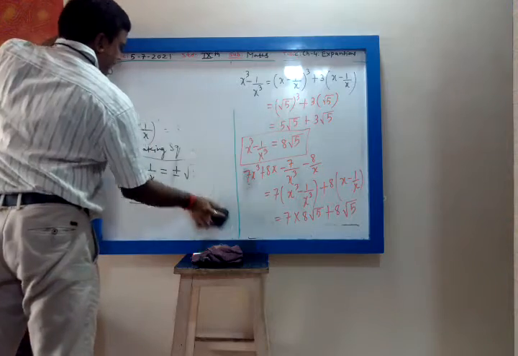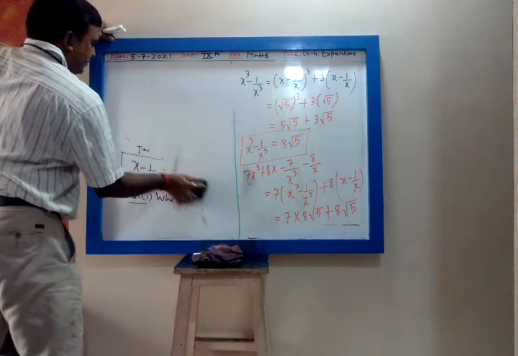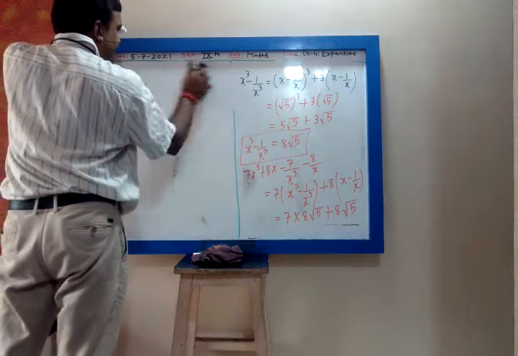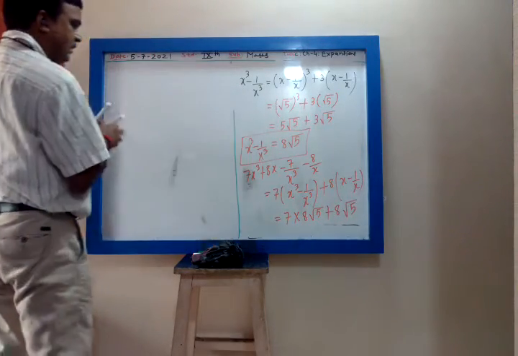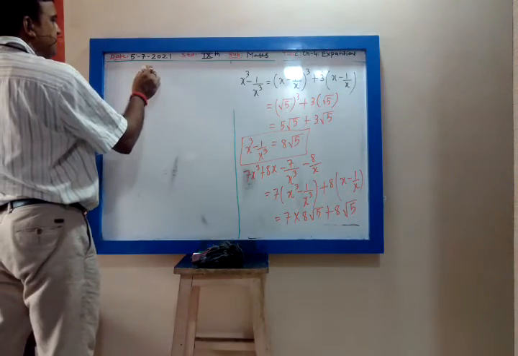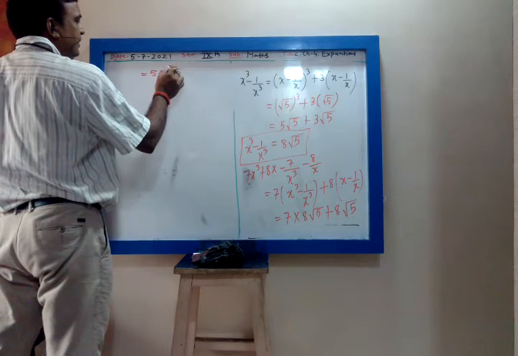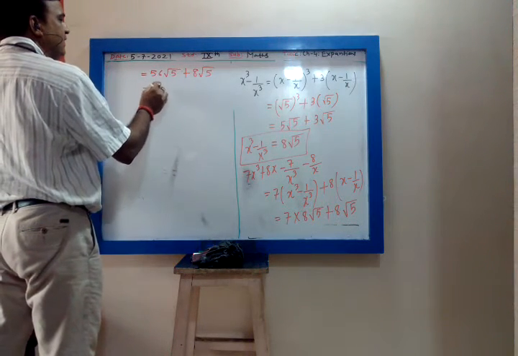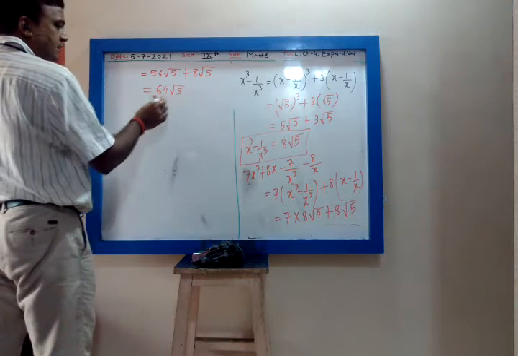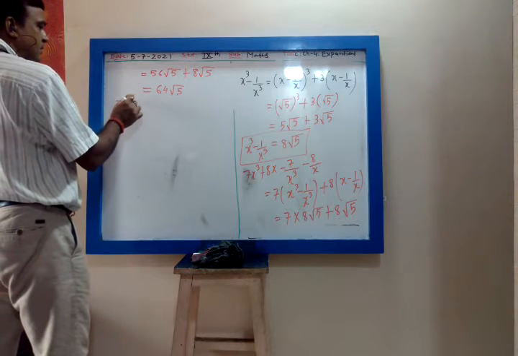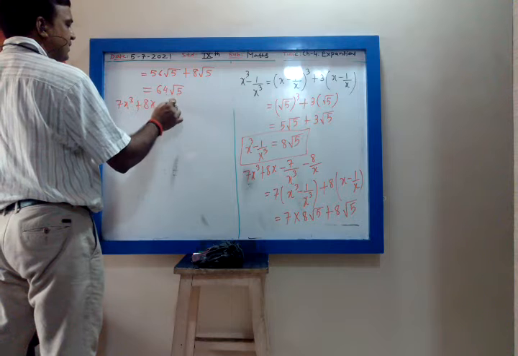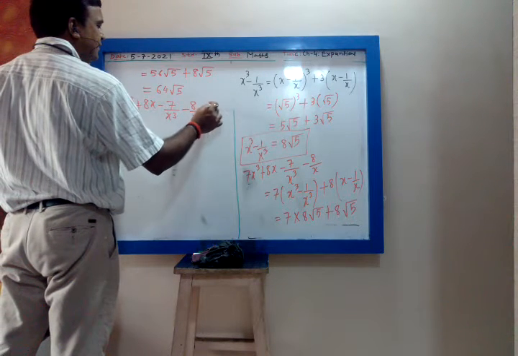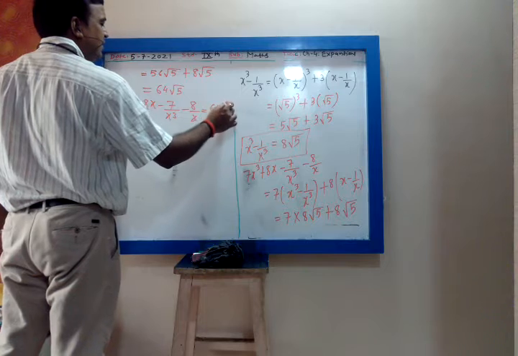So 56 root 5 plus 8 root 5. That is 56 plus 8, 64 root 5. So the first answer, 7x cube plus 8x minus 7 upon x cube minus 8 upon x, is 64 root 5. This is case 1.